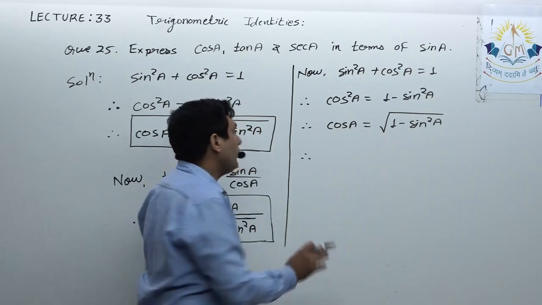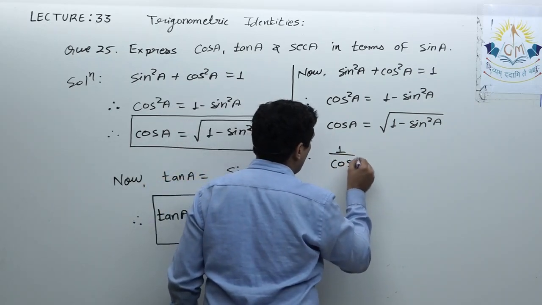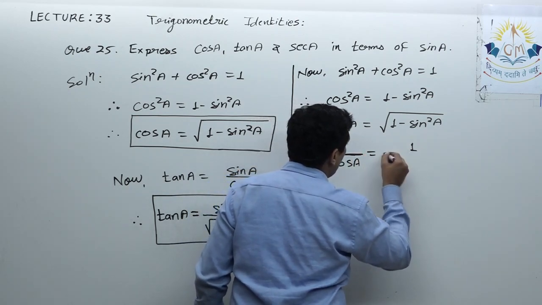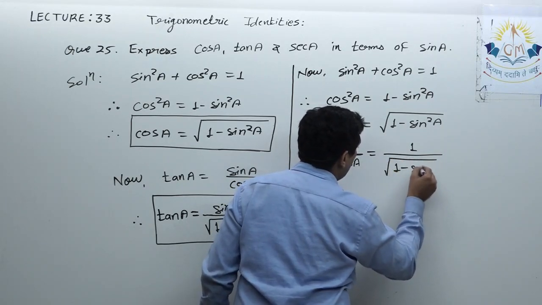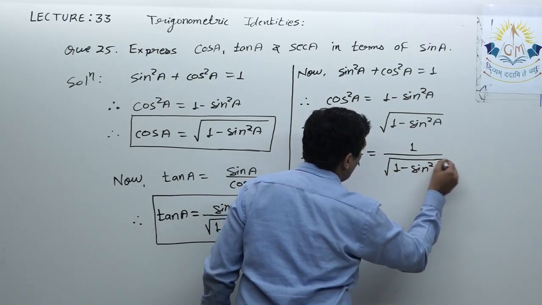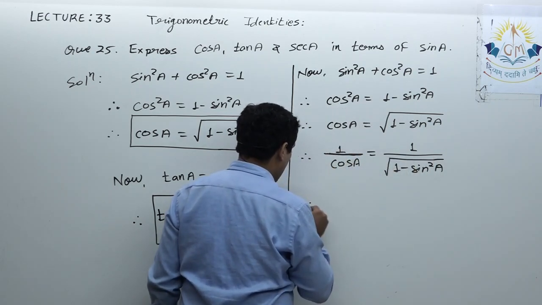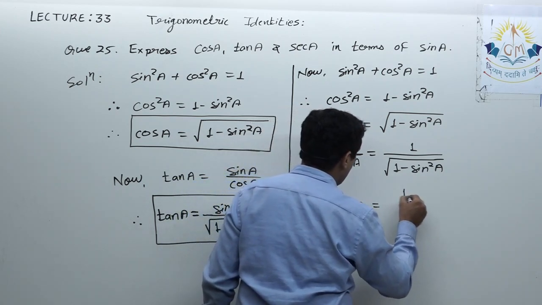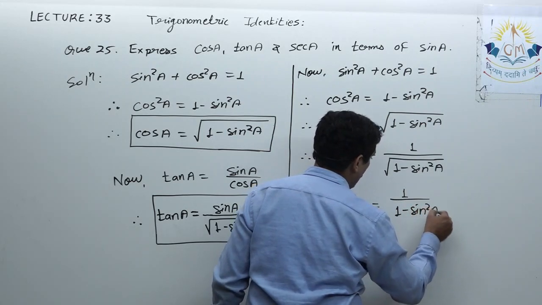If I take the reciprocal of both sides, here I get 1 upon cos a is equal to 1 upon root over 1 minus sine square a. Now 1 upon cos a is what? Sec a. So here I can say sec a is equal to 1 upon root over 1 minus sine square a.